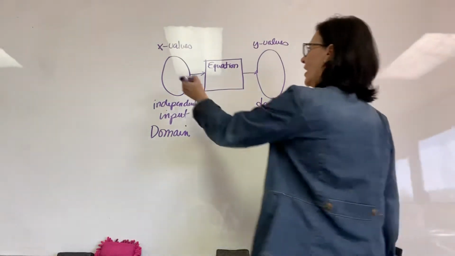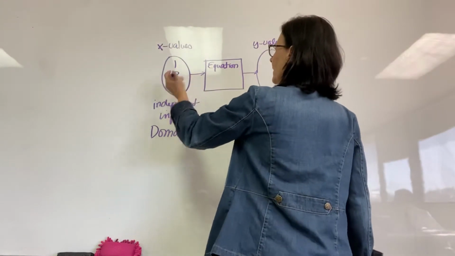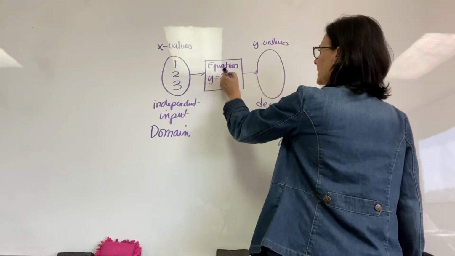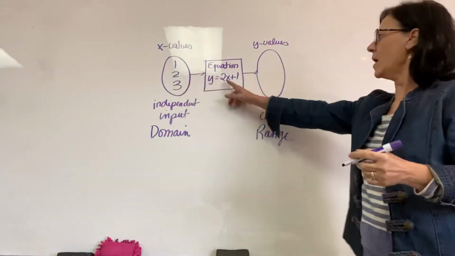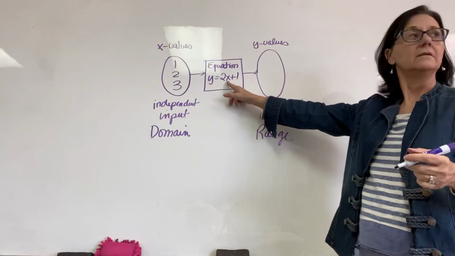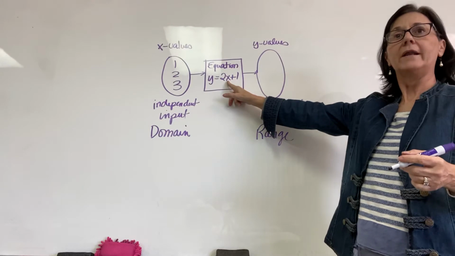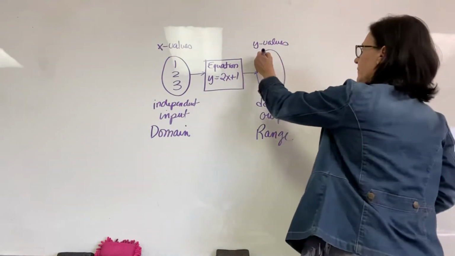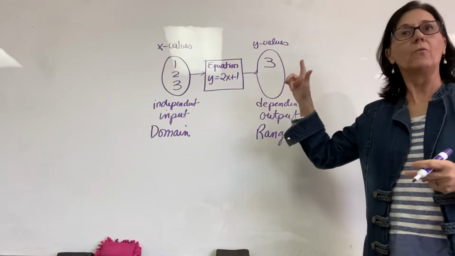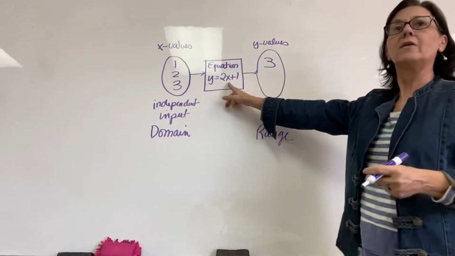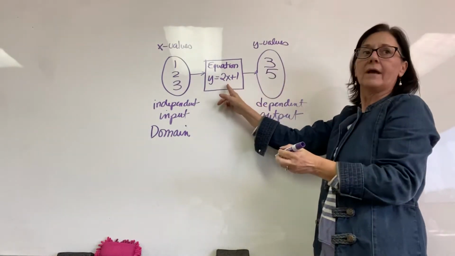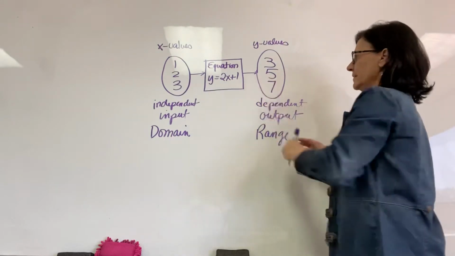So, if I decided that I want to input 1, 2, 3 into y equals 2x plus 1, well, I'd plug 1 in, and what do I get? 3. Okay, so I'm going to write this in a little different way in just a minute. If I plug 2 in, what do I get? 5. If I plug 3 in, what do I get? 7.